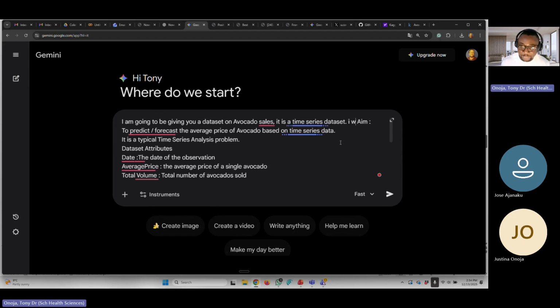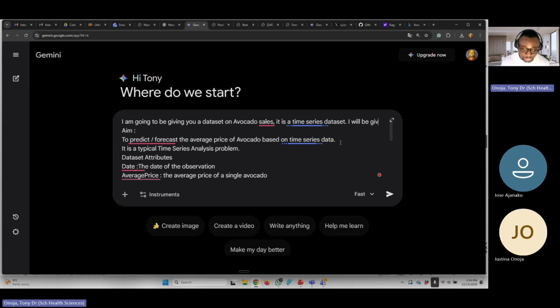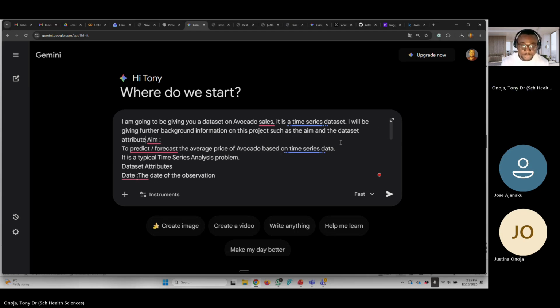So I will be giving you other background information on this project, such as the aim and the dataset attributes.